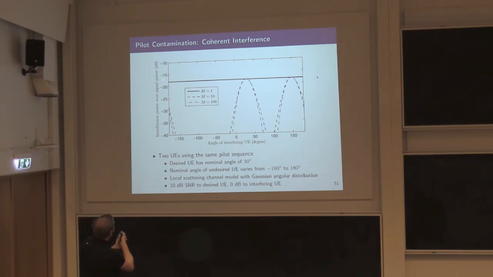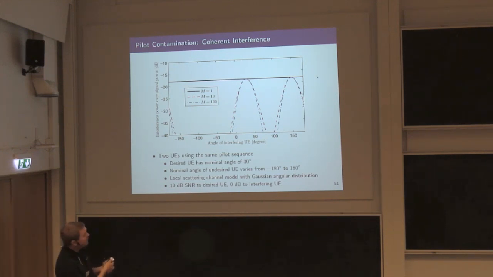If I have one antenna, it doesn't matter in which direction the interfering user is, because I will get the same amount of interference all the time. When I add more antennas, the interference depends a lot on which angle we are in. So when two users have the same angle, or we have this strange mirror angle as well for this type of array, the interference is larger.